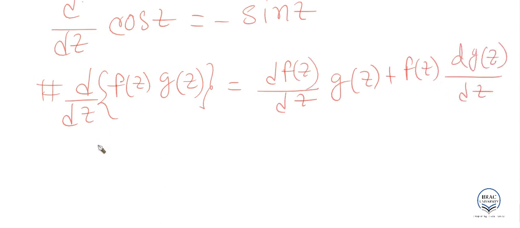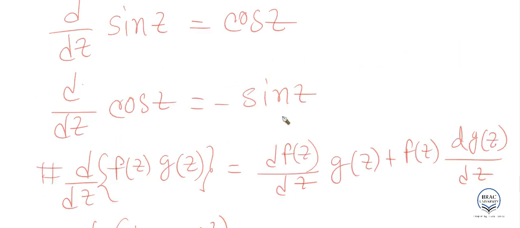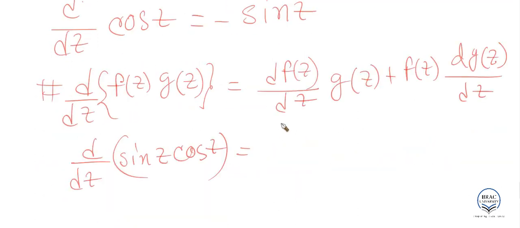If you take, for example, let's say I want to find the derivative of sine z cosine z, right? These are two functions that are multiplied with each other. So the first thing you need to do, you need to find the derivative of sine z. We have already found it before. That is just cosine z. So the first term is just cosine z, and leave this term alone.